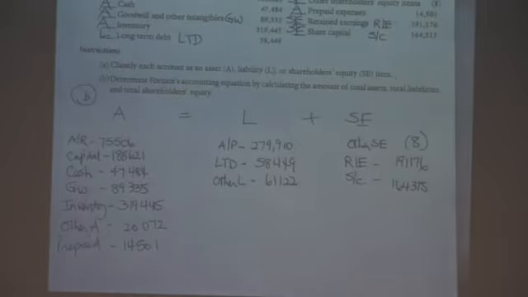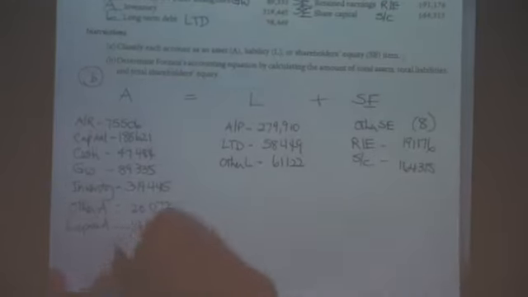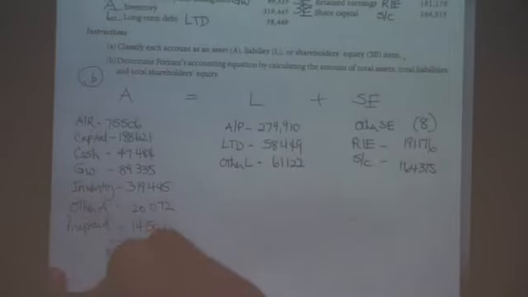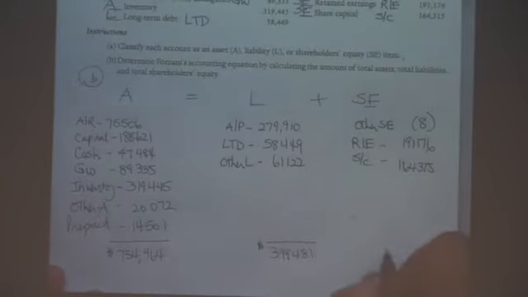So if I add all of my assets, if you add this all up, you get 754,964. And if I add all my liabilities, I get 399,481. And my shareholders' equity is 355,483.